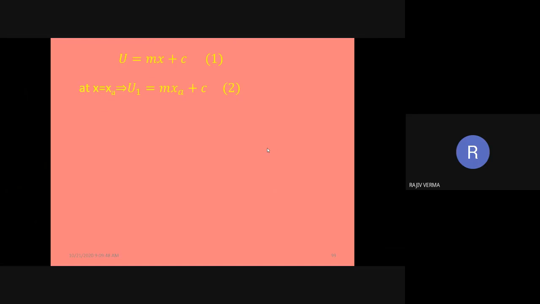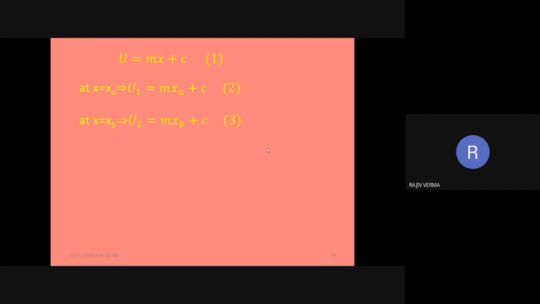Similarly, when you substitute the value of xb in the expression, we get the corresponding value of equation number 3. Now this means that when equation number 1 is evaluated at two nodal points, that is node number 1 and node number 2, we get equation number 2 and 3.